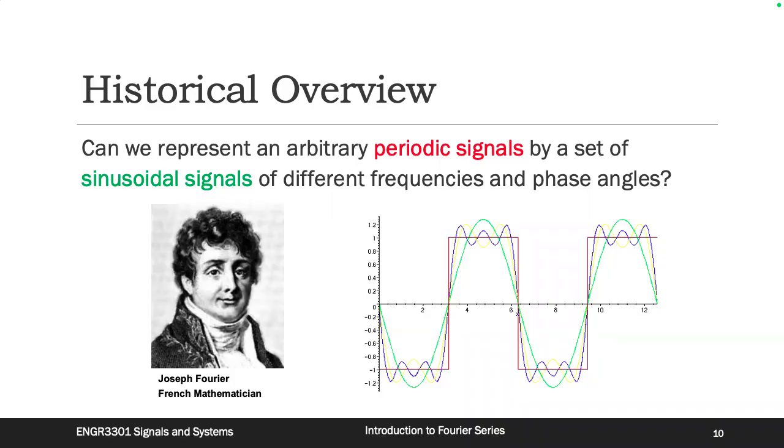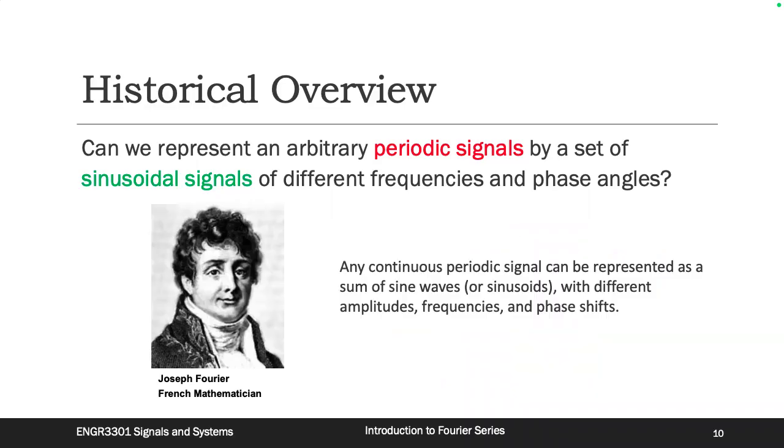After you add them together, you get a square wave function. So any continuous periodic signal can be represented as a sum of sine waves with different amplitudes, frequencies, and phase shifts. Which means if I want to give you the frequency domain, I need to give you the frequency, the amplitude, and the phase shift.